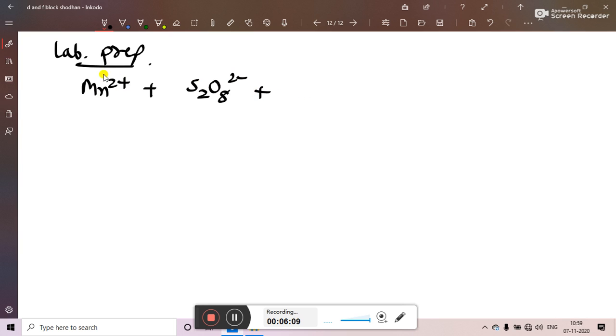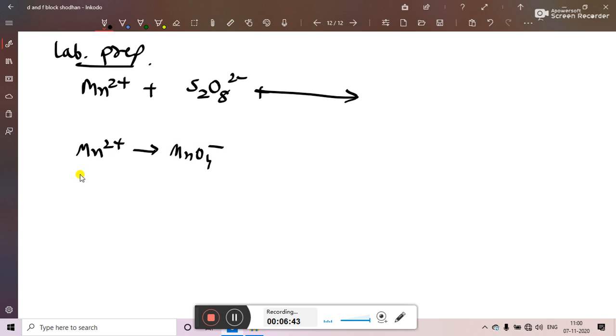So manganese salt, Mn2 plus salt, is treated with persulfate ion, so it gets oxidized in the presence of acidic medium. If in the exam it is asked to complete this reaction in acidic medium, you have to remember that in acidic medium, Mn2 plus is always getting converted into MnO4 minus.